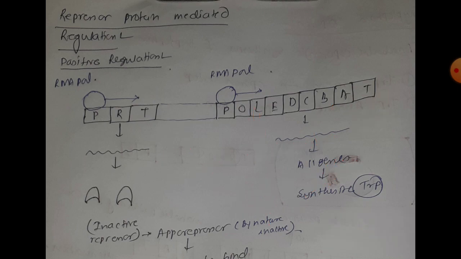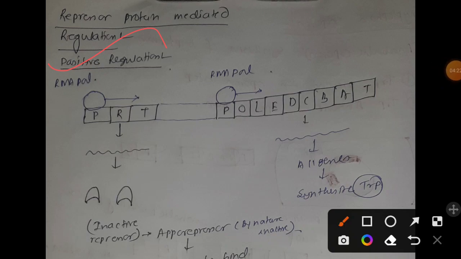Similarly, in the tryptophan operon the mechanism is just the reverse of the lactose operon. Remember, in the tryptophan operon the default mechanism is positive regulation. RNA polymerase first binds with the promoter of the regulatory site and starts transcription, which gives rise to the production of inactive aporepressor.